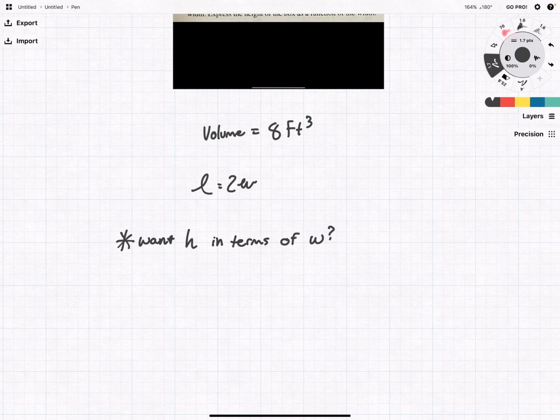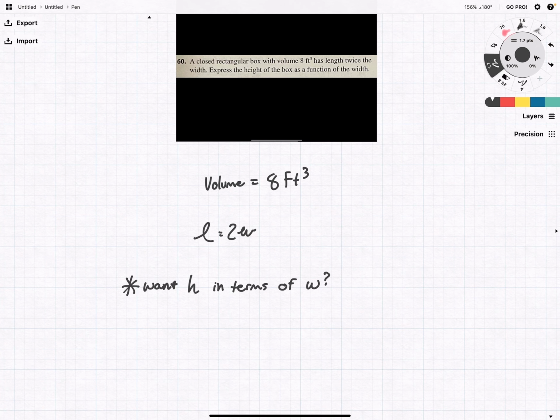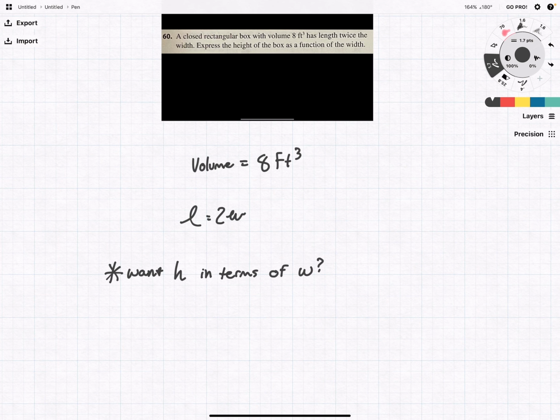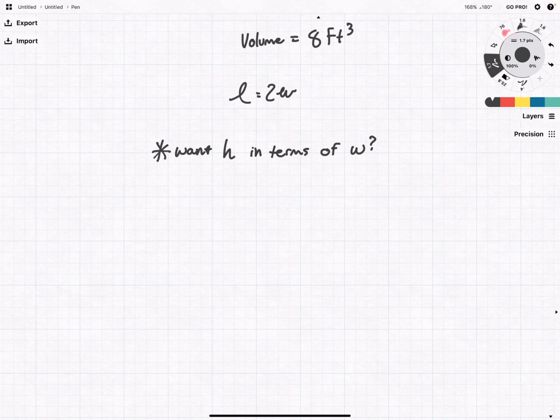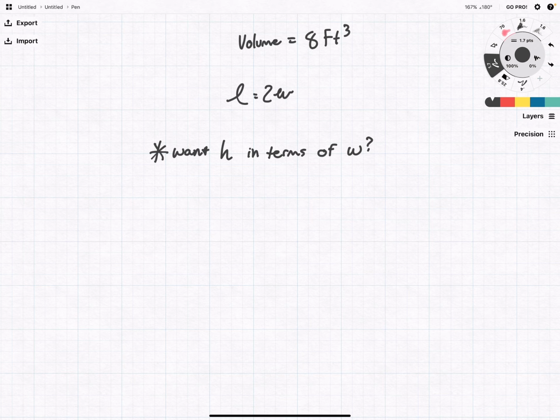So let's go ahead and write a volume function as well. The reason I assume that we're going to use the volume is because they did tell us that the volume is 8 feet cubed. And they're not asking for the height itself. They're just asking for the function of height in terms of width.